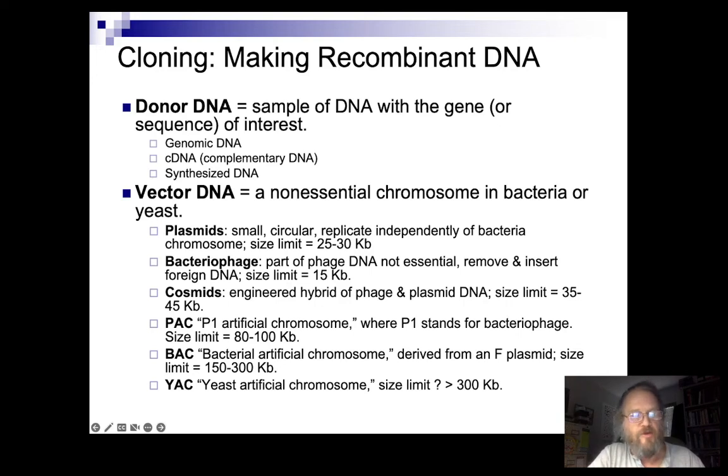And then there's cosmids, which are a combination of phage and plasmid DNA, and we start getting larger and larger now in the vector DNA. Artificial chromosomes that have been manufactured, bacterial artificial chromosomes, this was for plasmids, okay? And then finally, we now have the technology to insert artificial chromosomes, pretty large in size, into yeast, okay? A eukaryote, right?